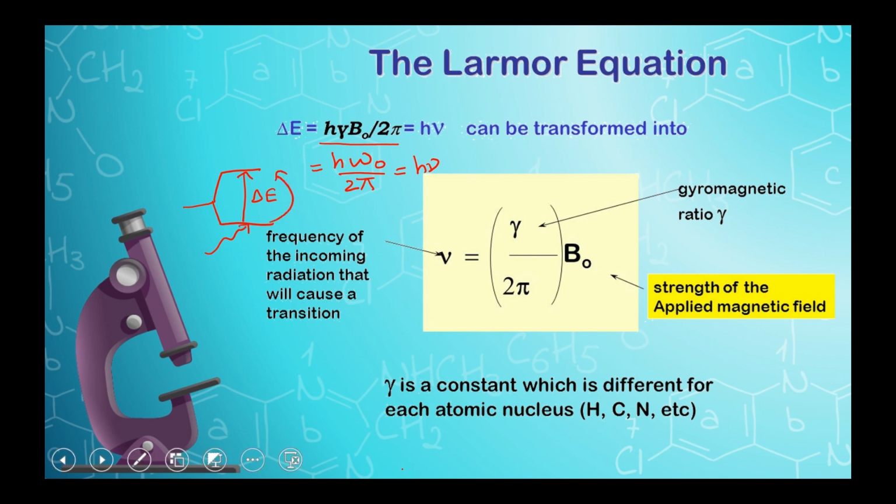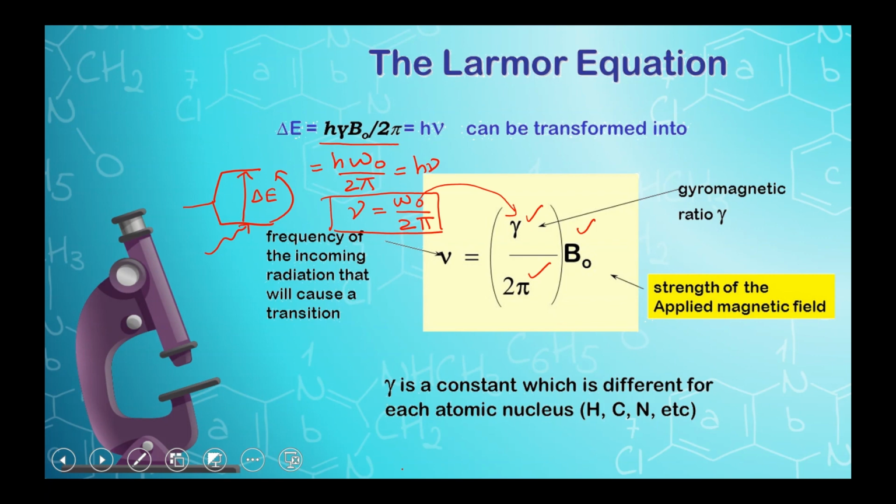So now we can see that nu is equal to omega 0 by 2 pi. Very important equation. By substituting for omega 0, we know that omega 0 is gamma into B0. We get that nu is equal to gamma B0 by 2 pi.